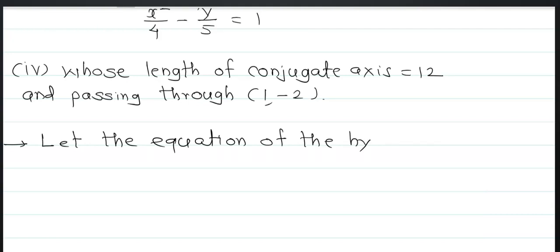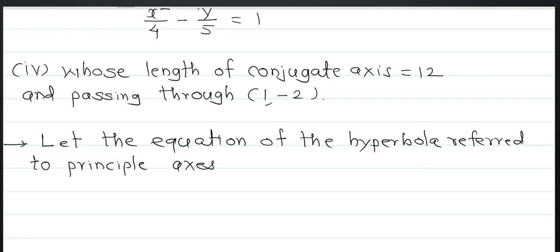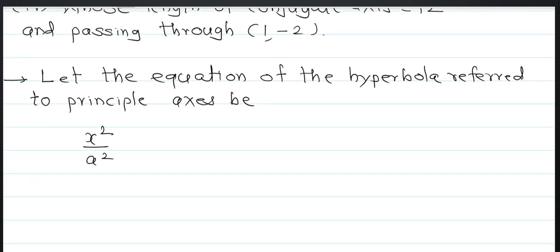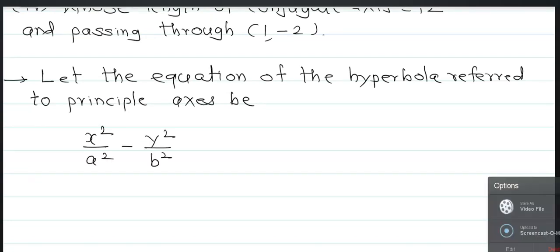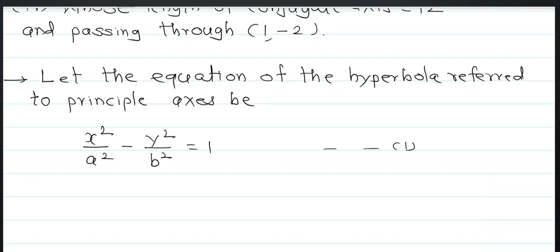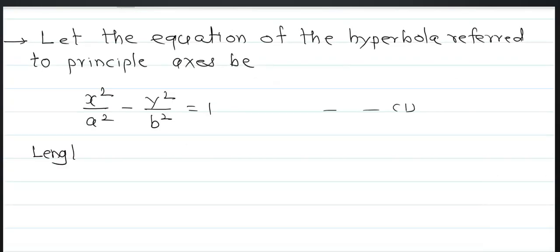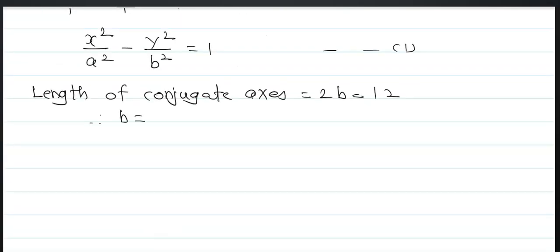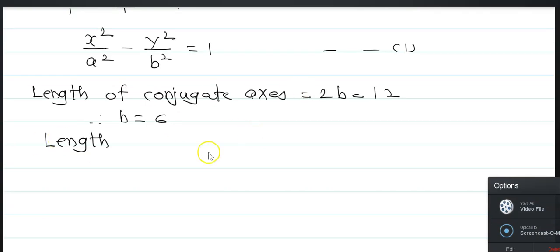Let the equation of the hyperbola referred to its principal axis be x square upon a square minus y square upon b square is equal to 1. Therefore, the length of conjugate axis, that is 2b, is equal to 12. Therefore, b is equal to 6.